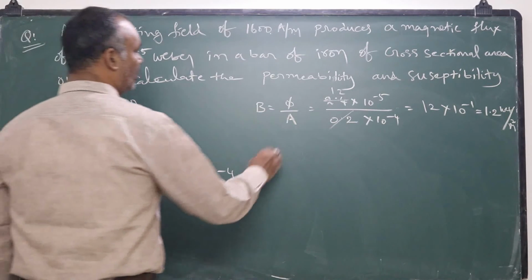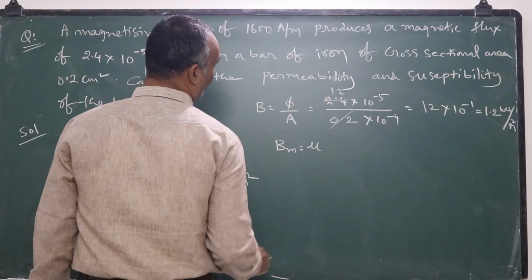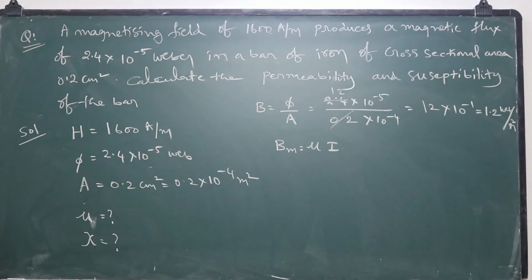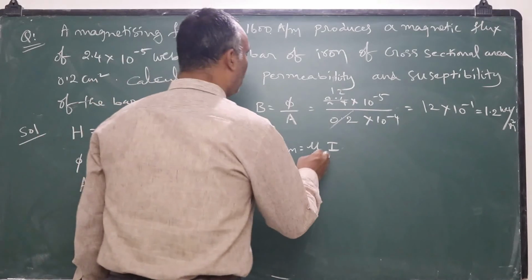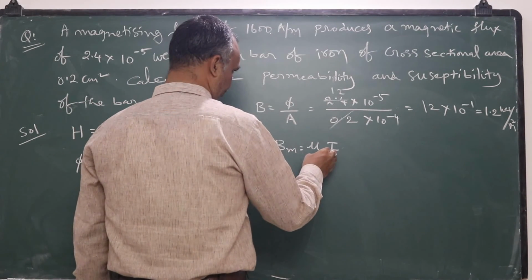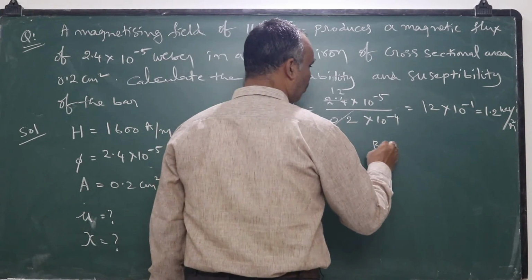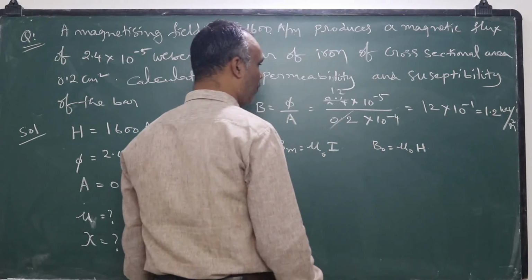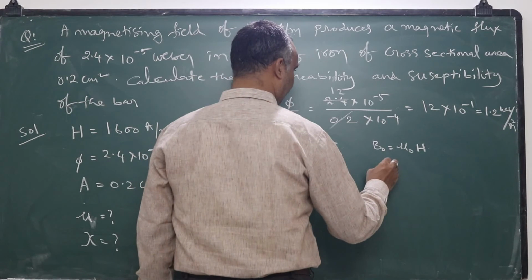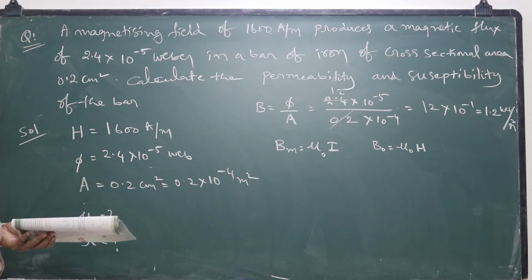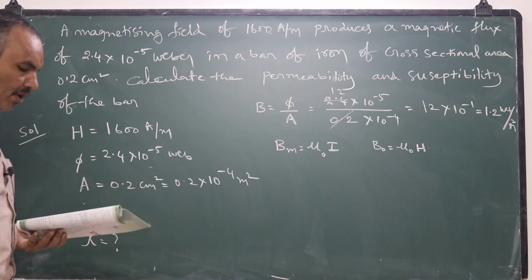You know that Bm is equal to mu naught into I. Already you know that B naught is equal to mu naught into H. Now we require the mu value.